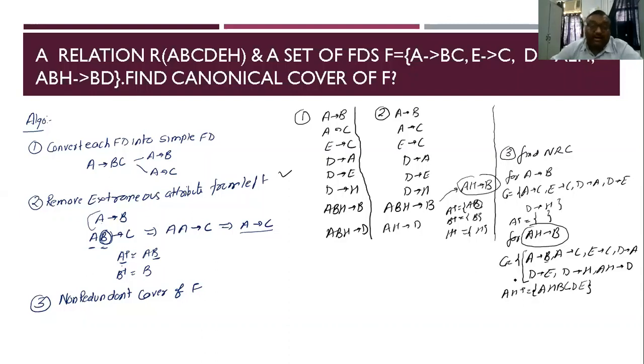And in non-redundant cover, we already discussed, if the closure of AH contains all attributes of the relation, or B, then this FD, AH determines B, is redundant.